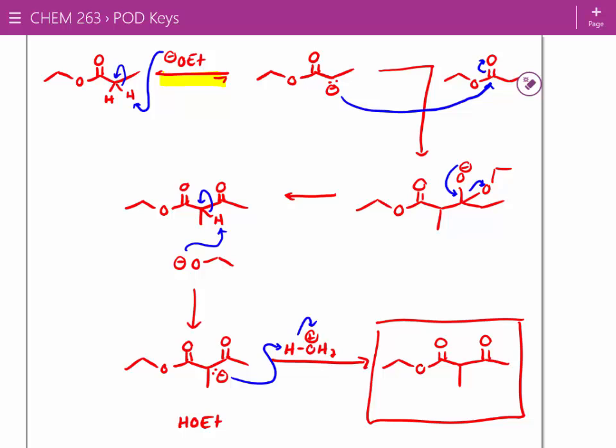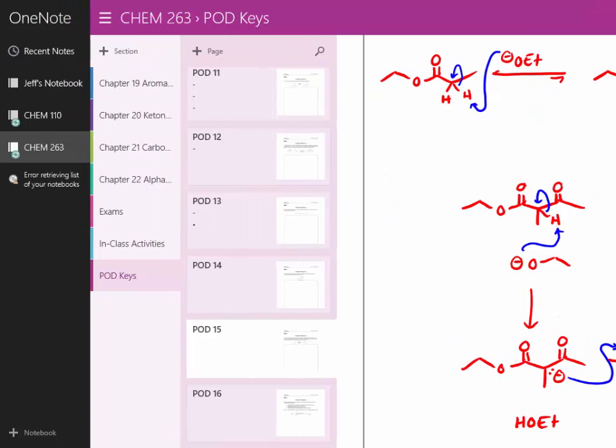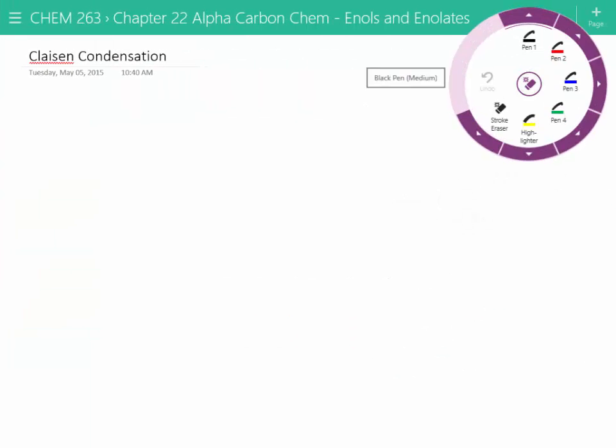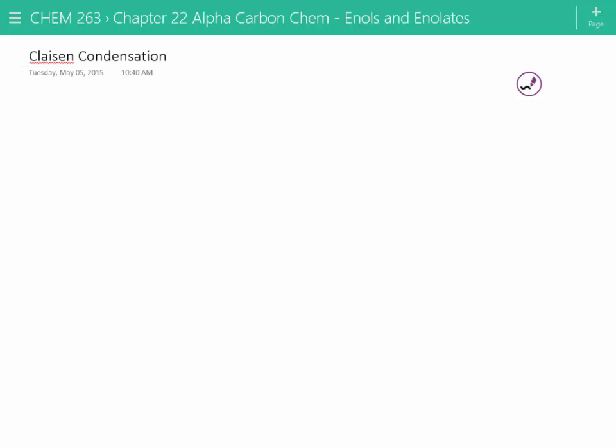All right, so let's continue on to the Chapter 22 Claisen condensation section. And we'll briefly go over this again. So overall, we said that the reaction involves an ester forming an enolate and reacting with itself. And it's a two-step reaction.